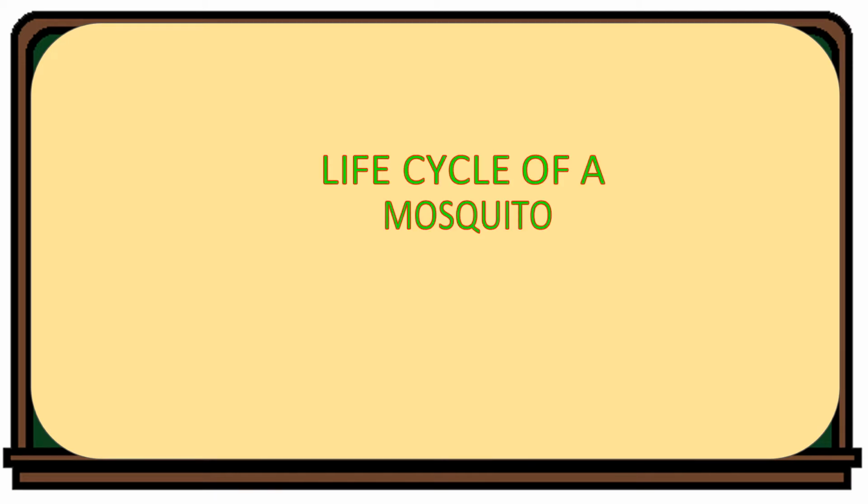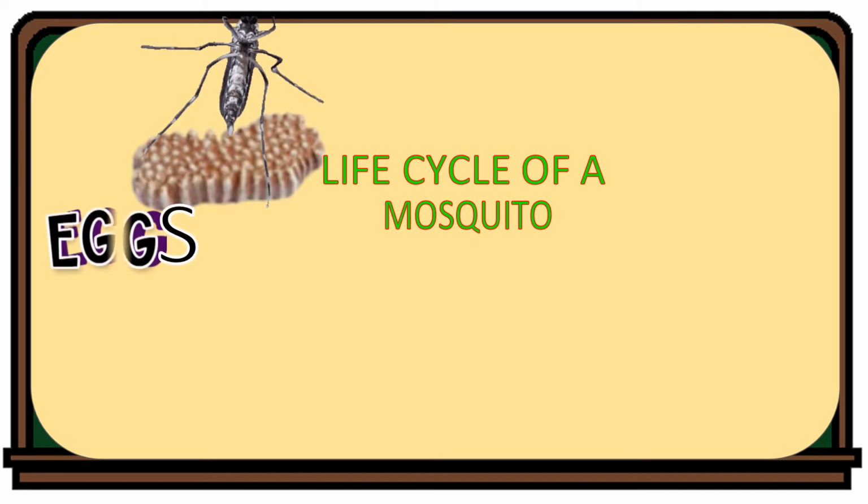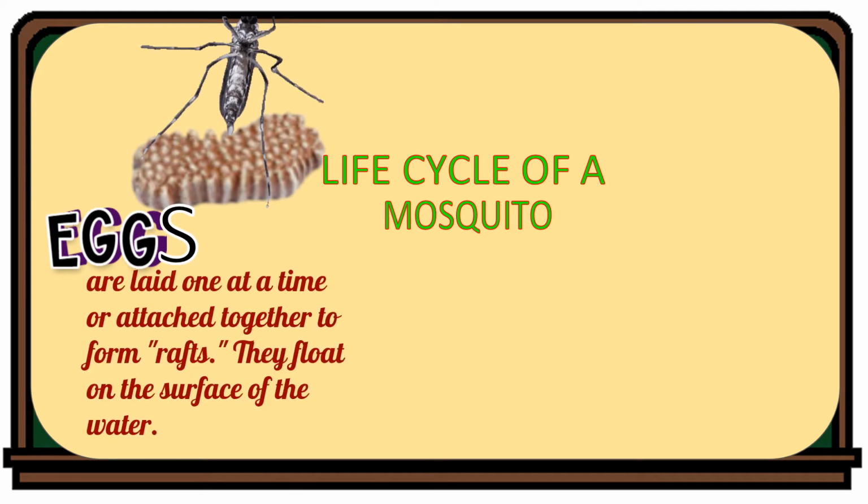Another example of complete metamorphosis is the life cycle of a mosquito. First stage, eggs. Eggs are laid one at a time or attached together to form rafts. They float on the surface of the water.